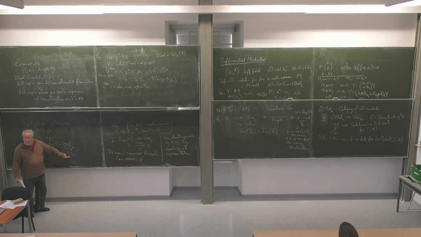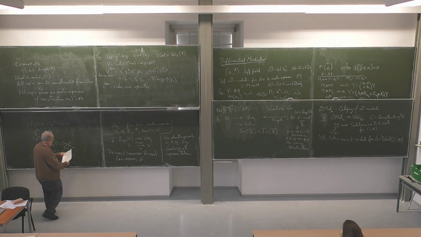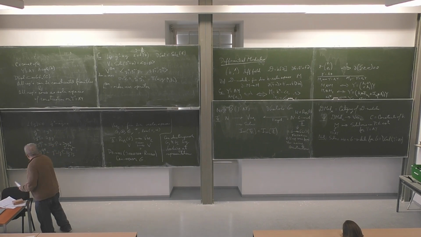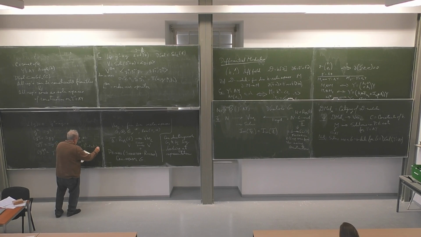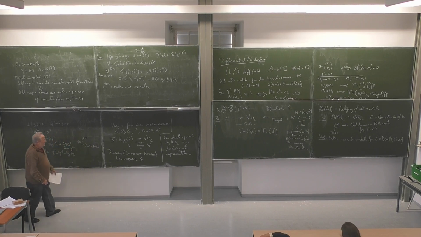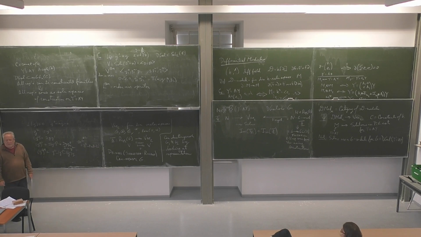So there's going to be a relationship. And I think I've written that correctly. So L symmetric 2 is d cubed minus 4A d minus 2A prime. So you can do this.